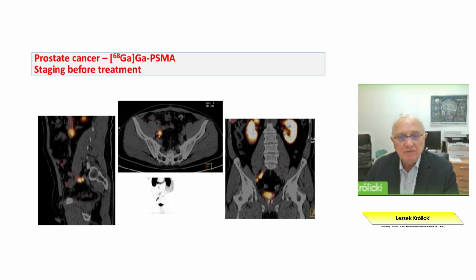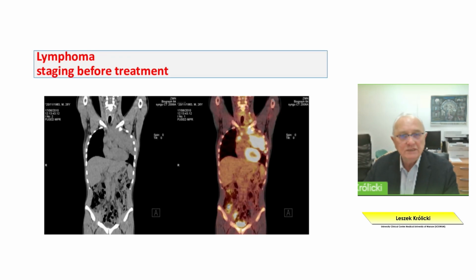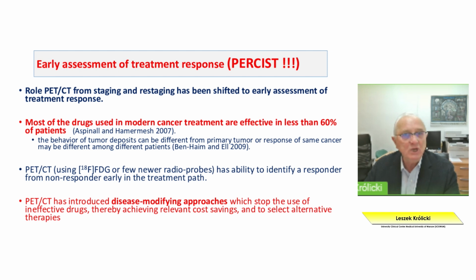And here we can see some examples of prostate cancers and the staging before treatment. Here we have the example of lymphoma, and you can see that this is very precisely located. What is really important now, in my opinion, is the use of PET-CT technique in monitoring the treatment.